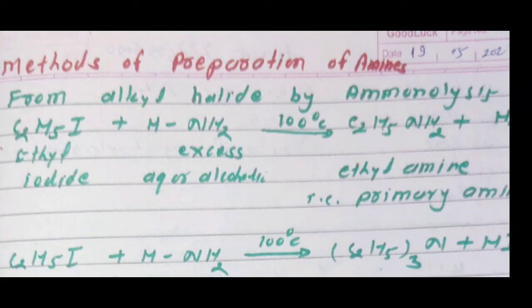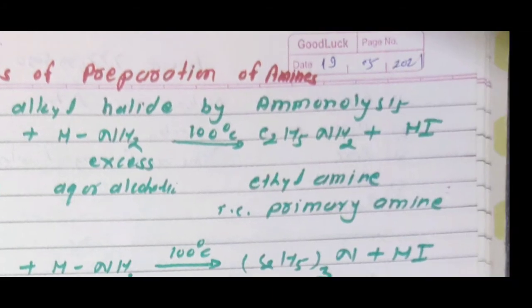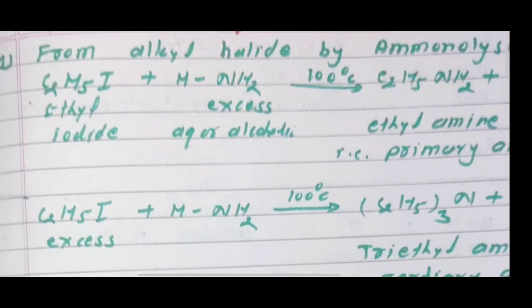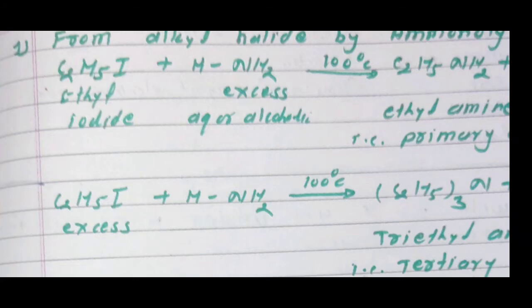Then ethylamine is formed: H from ammonia and I from ethyl iodide are released in the form of an HI molecule, and C2H5 attaches to the NH2, forming ethylamine. Ethylamine is an example of a primary amine. This means when we use excess of ammonia, a primary amine is formed, and when we use excess of alkyl halide, a tertiary amine is formed.